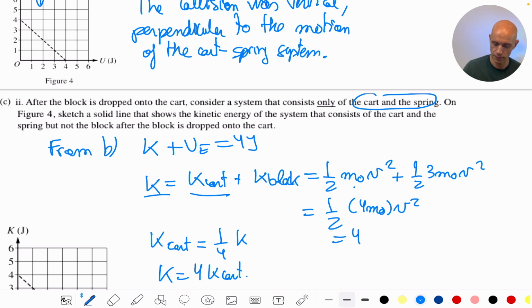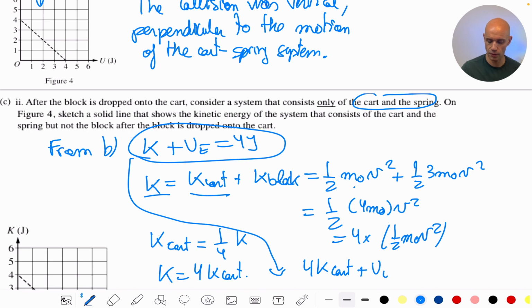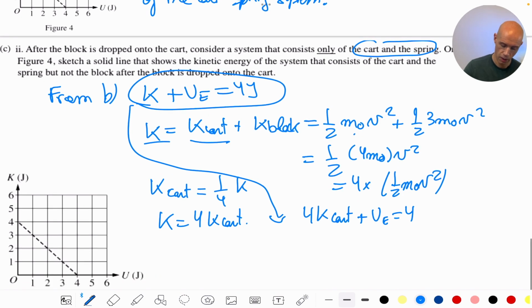So this equation that is all the time true can be written as 4 times K, the kinetic energy of the cart, plus the potential energy equals 4. So you get a new equation, which is K cart plus, or equals, dividing by 4 basically, 1 minus this.